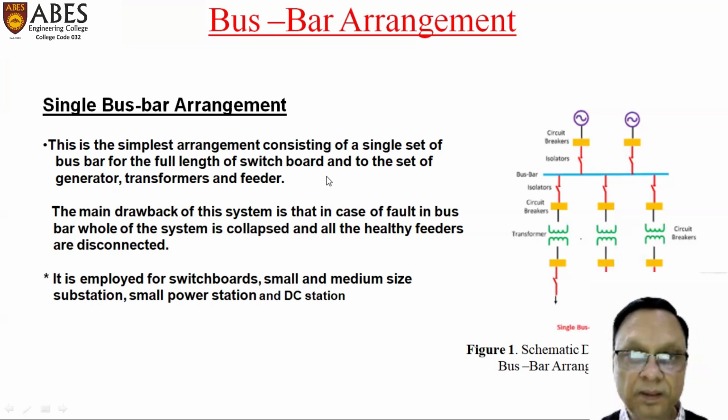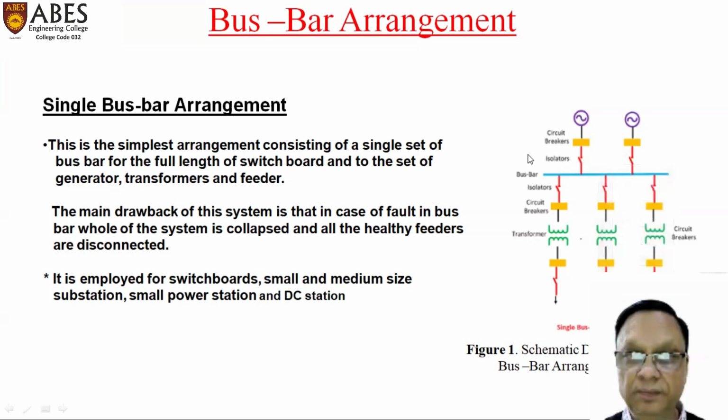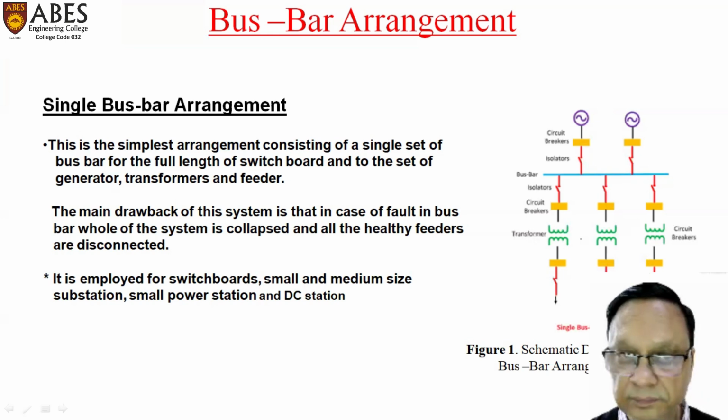The outgoing feeders are connected to this bus bar. The main drawback of the system is that if any fault occurs on the bus bar, the whole system collapses. All the healthy feeders are disconnected. If any fault occurs here and there, all the system will collapse. There will be no transmission of power from the generating end to the transmission end.